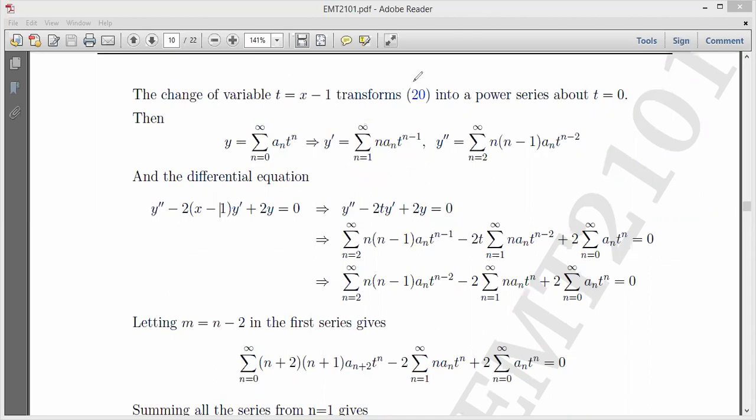I will use black, I think. This one here should be a 2. That should be t to the n minus 2. Because of this one, y prime prime, that should be n minus 2, this one. Then where you have 2t, this is n minus 1.